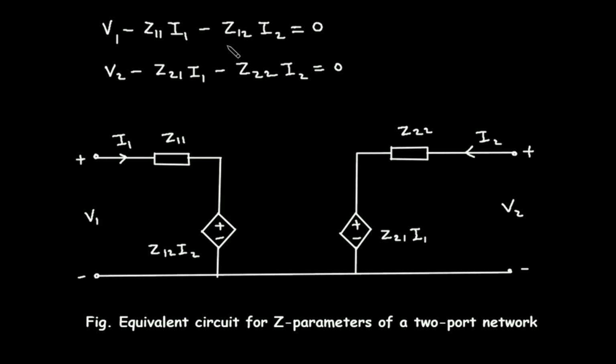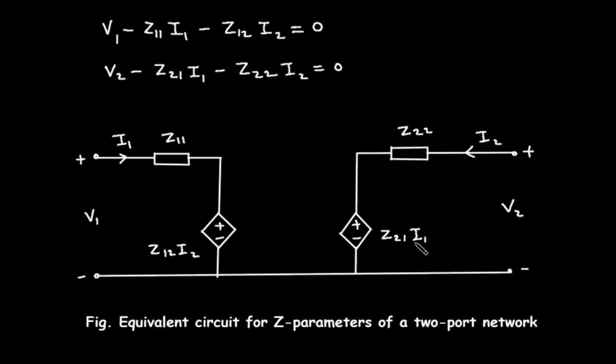Then this will be a dependent voltage source and it depends on current I2. So this will be Z12 I2. Now V2 is the output voltage and I2 is the output current. So from this equation, this will be V2 and here this will be a dependent voltage source.